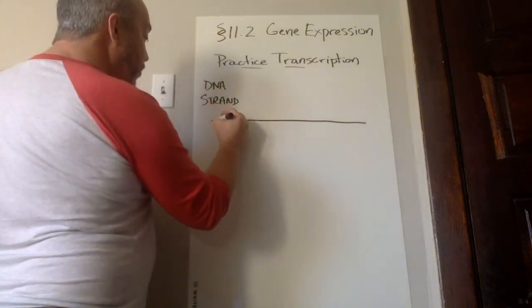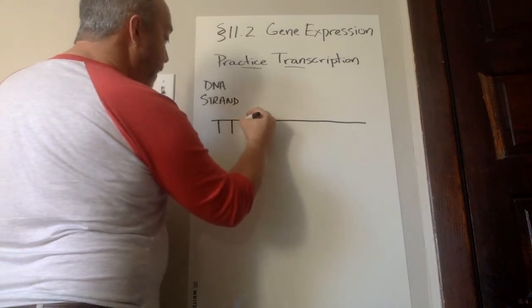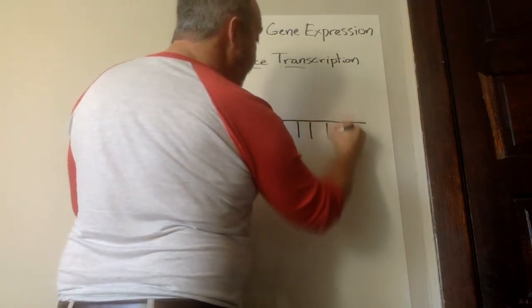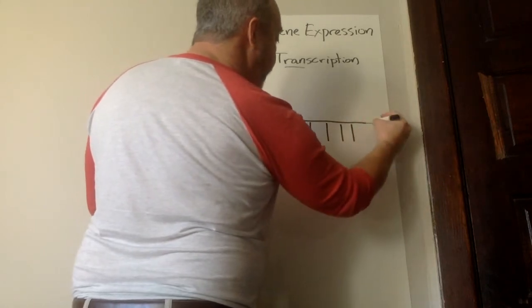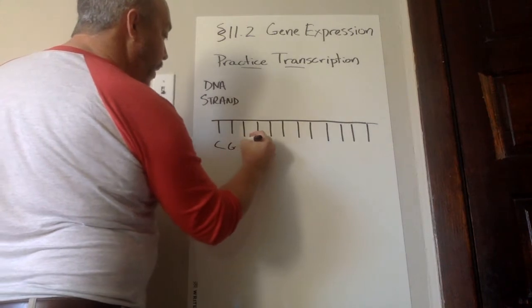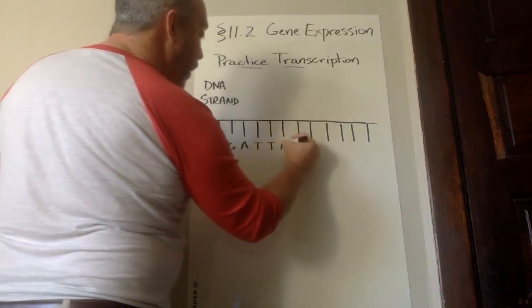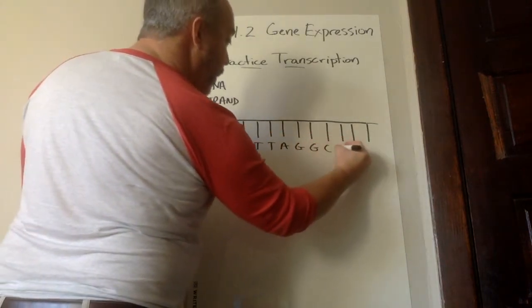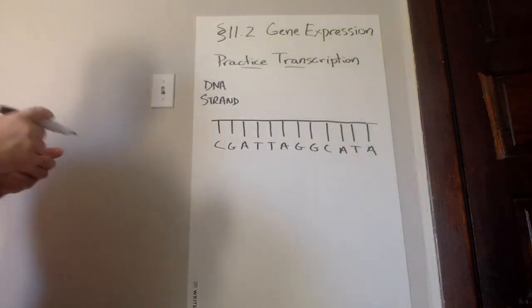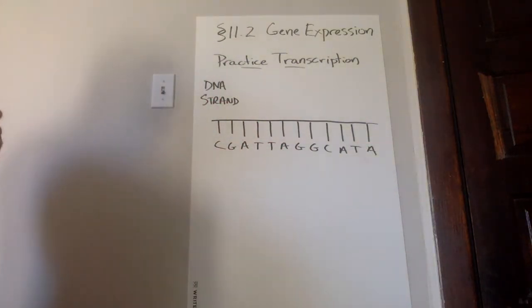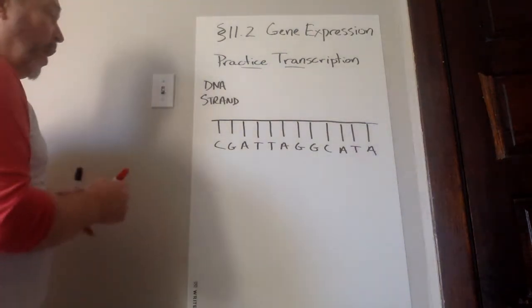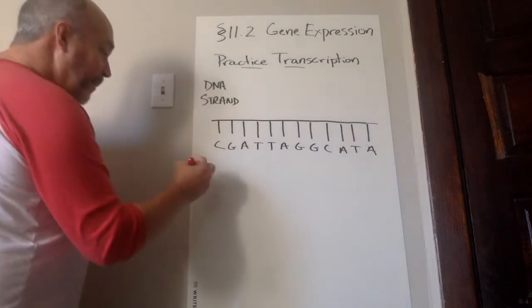so here's another strand. And I just make these up as I go along. This isn't any particular sequence. If this is the DNA strand, what would be the complement and the mRNA that would come from it?